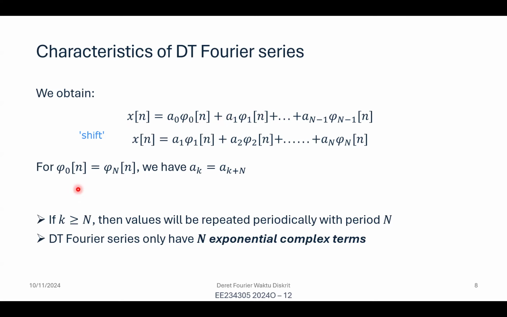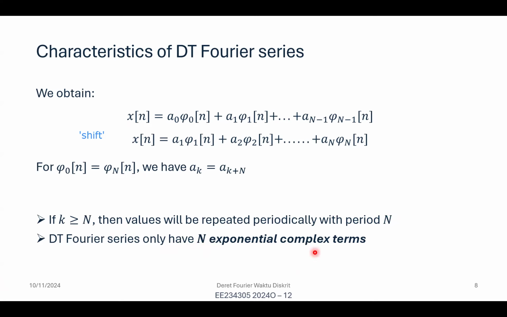And for phi_0 equals phi_N, now we have a_k equals a_(k+N). So this is the periodic property of the Fourier series. And if k is not less than N, then the values will be repeated periodically with the period N. So the discrete time Fourier series only has N exponential complex terms because they are periodic, of course.